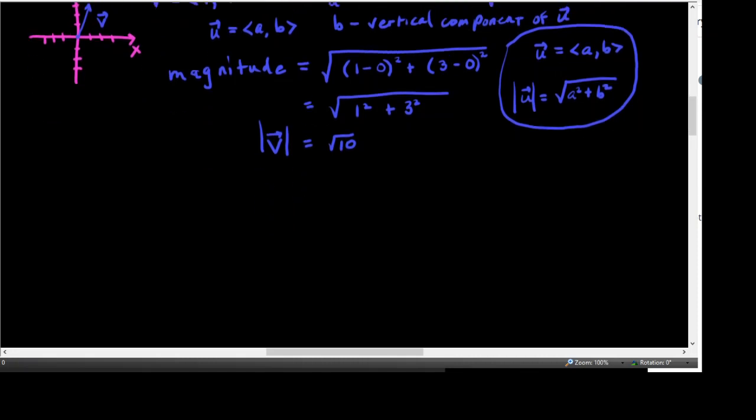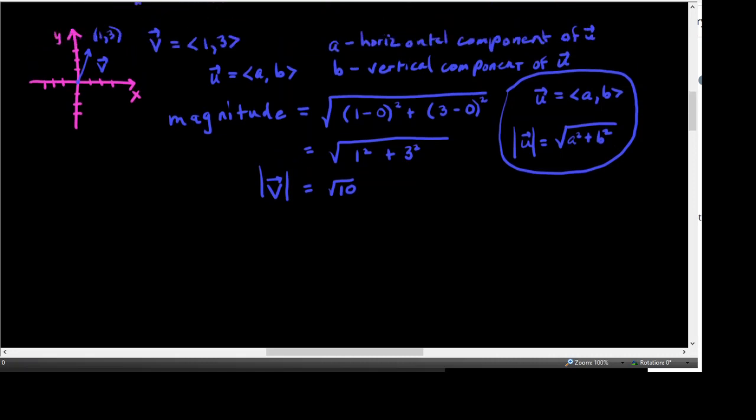All right. Now the direction angle is the same angle we're used to talking about, measured from the positive x-axis. So let's say that that's angle theta. The A part is what we would normally call x, and the B part is what we normally call y. And what is the relationship between x and y and theta?